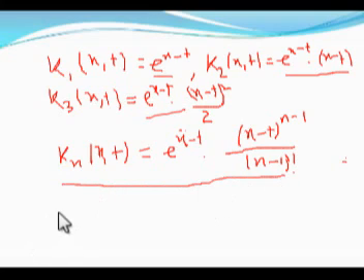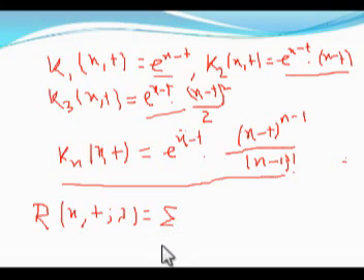So what will be the resolvent now? The resolvent R x t lambda is equal to the summation of m equal to 1 to infinity, lambda to the power m minus 1 into k m x t.